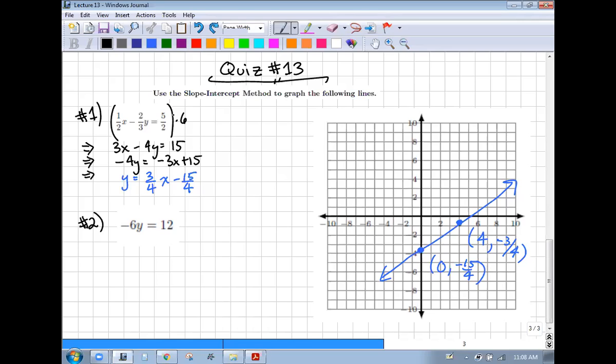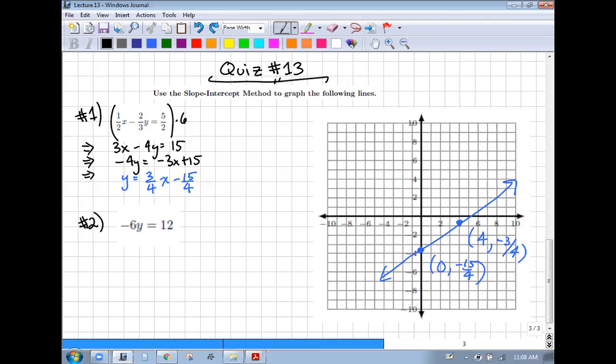I just multiplied both sides of the equation by the number 6. So you don't change each other. Well, 6 times a half is 3. Yeah, we're just getting rid of the fractions.